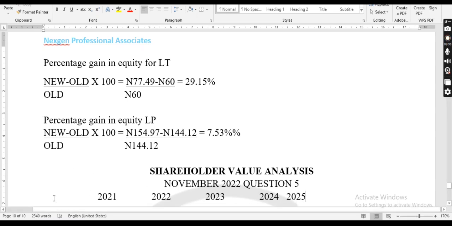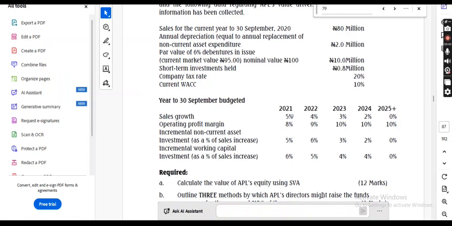Now, another thing is, what if in the question there is no plus here? I don't think I have plus 2025. 2025 plus.